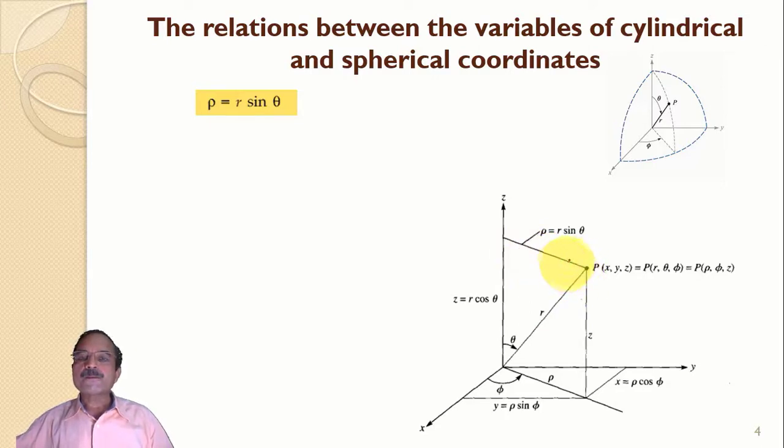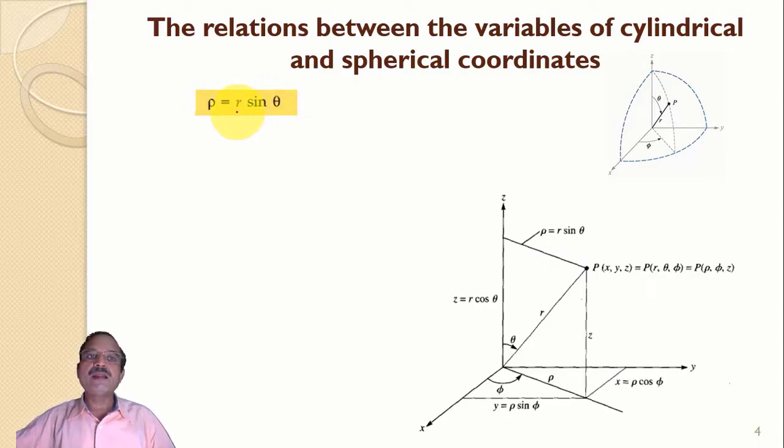Now if I want to find rho in terms of r, then I take the projection of this r on the xy plane. That gives me r sin theta. So the radius of the cylinder in cylindrical coordinates is equal to r sin theta.